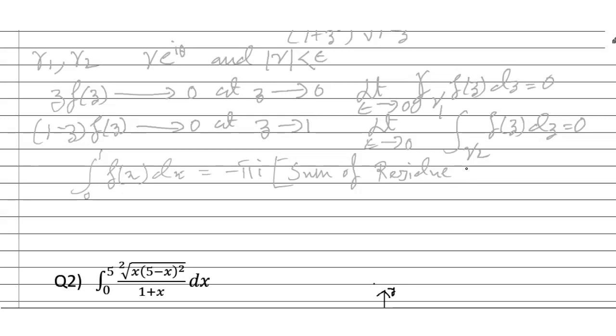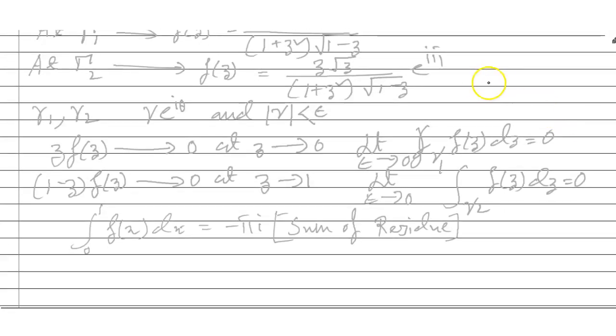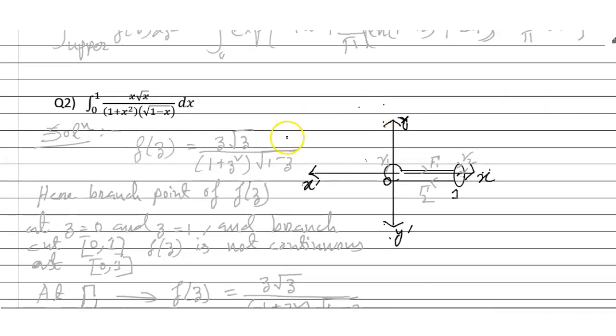So friends, here the residues are needed. You see that the singular points are z tends to 1, z tends to i, minus i, and z tends to infinity.